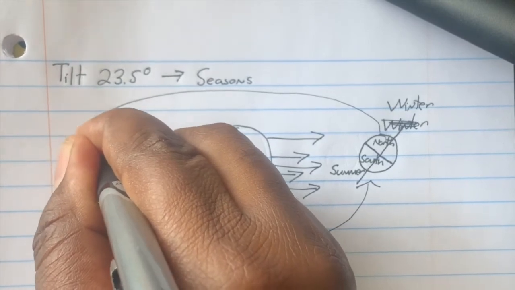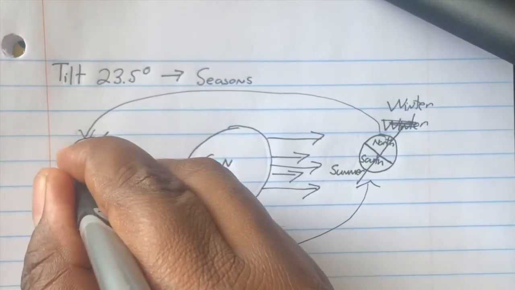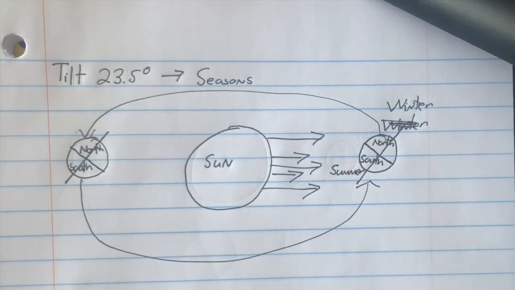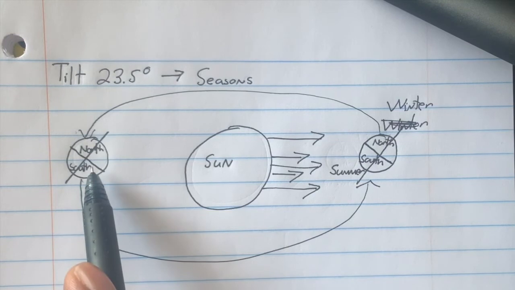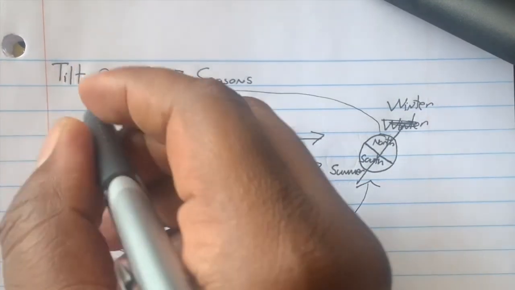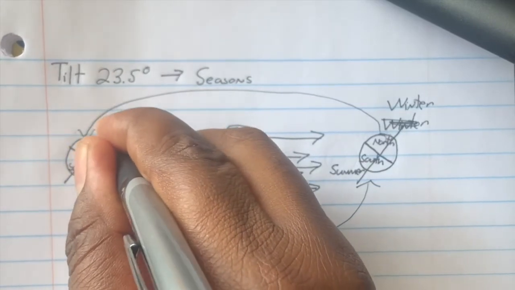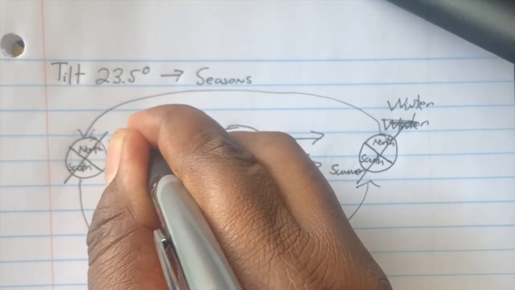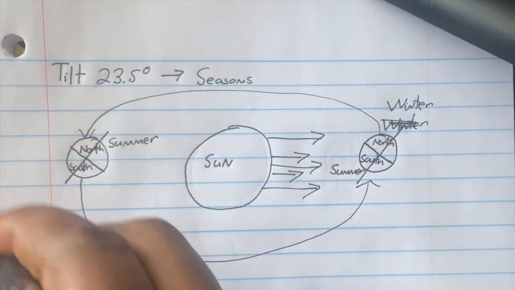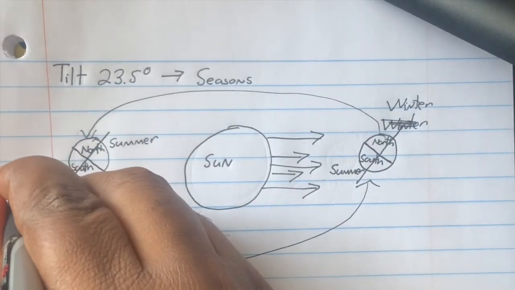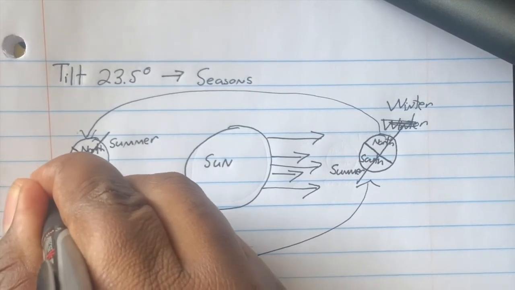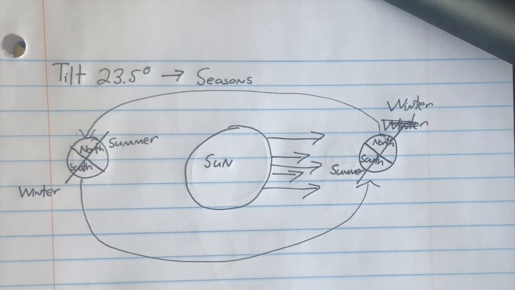So I've got the northern hemisphere and I've got the southern hemisphere, all right? But this time the north is facing towards the sun. So the north is experiencing summer, while the south is experiencing winter.